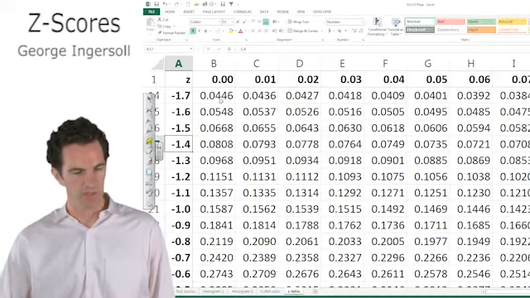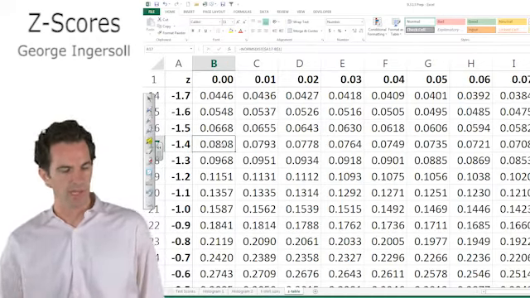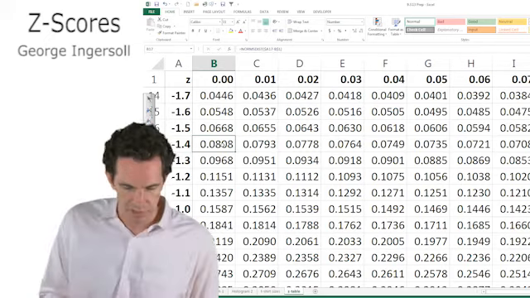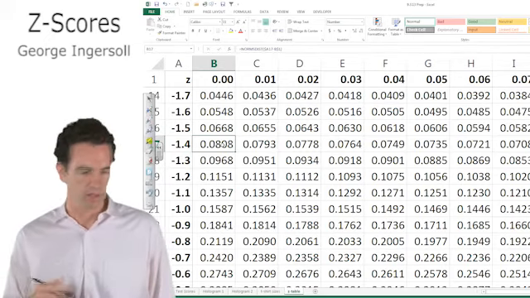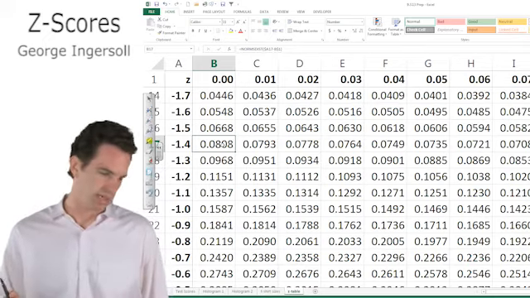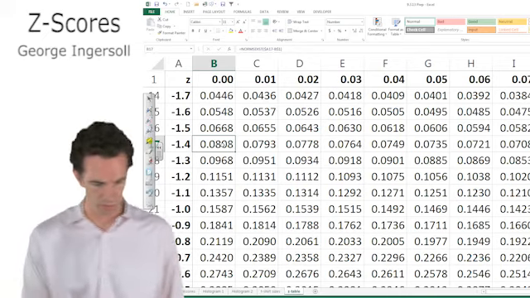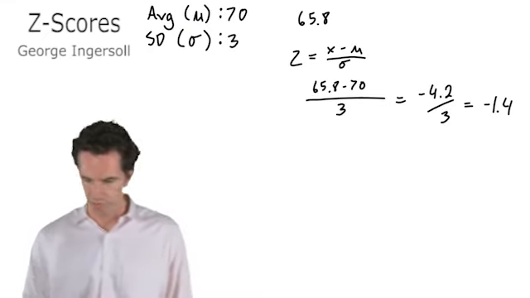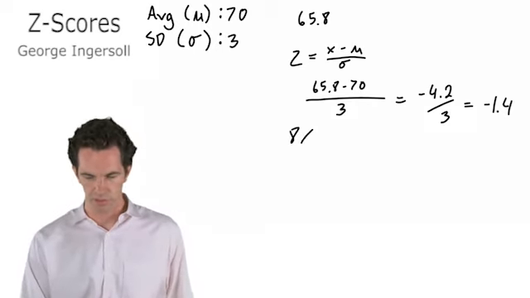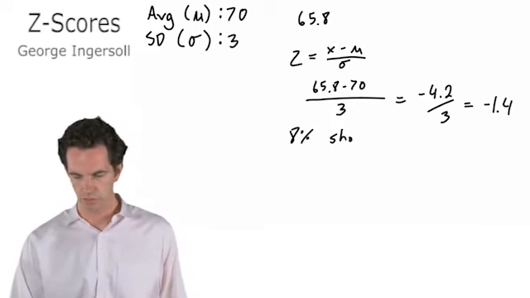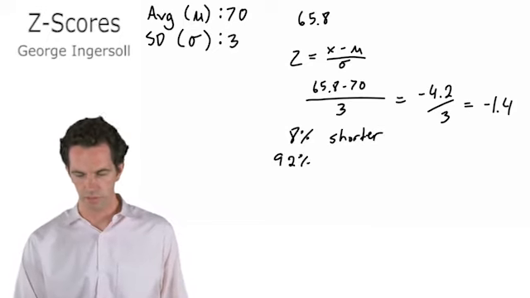So we can go right to here to the column with a 0 in the hundredths place, and we find out that it's about 8.08% of the people are going to be shorter than you, and about 92% are going to be taller, 91.92. So I'm just going to round a little bit and say 8% shorter, 92% taller.